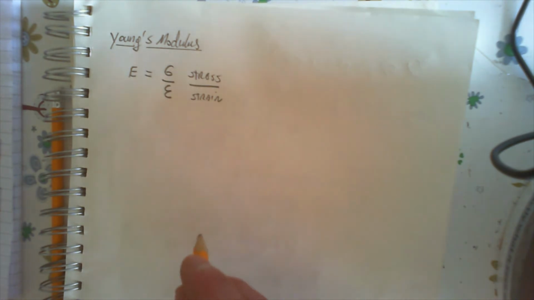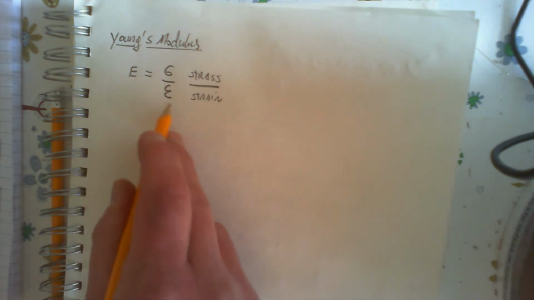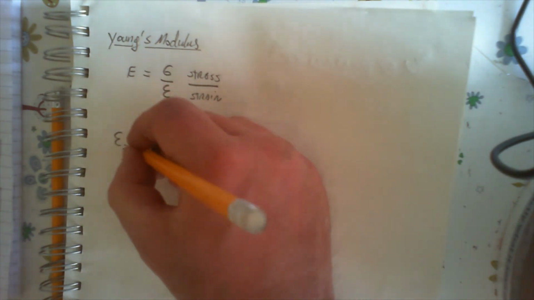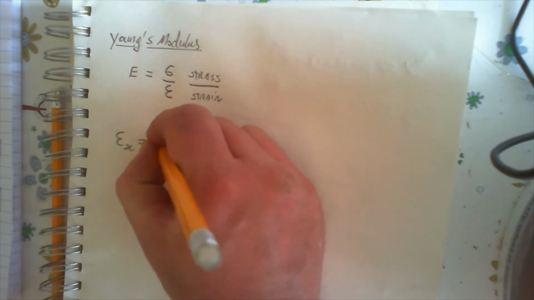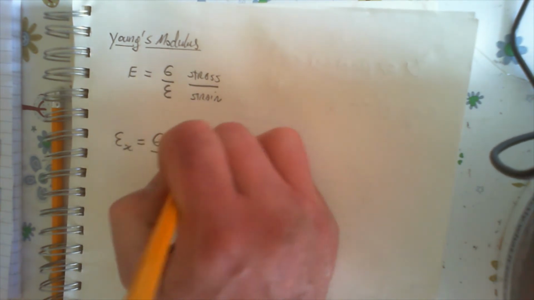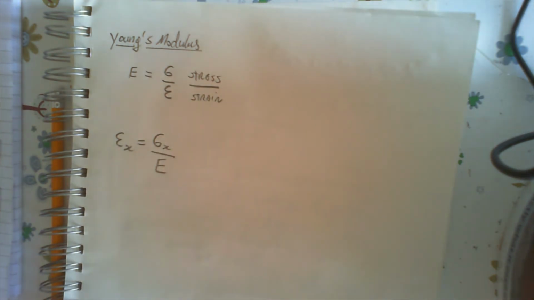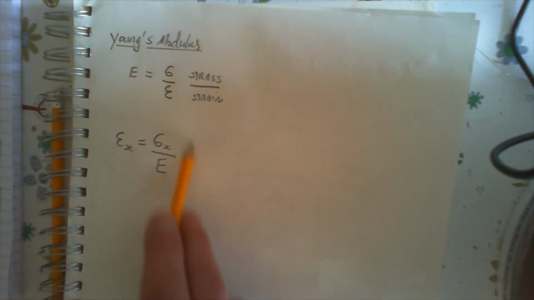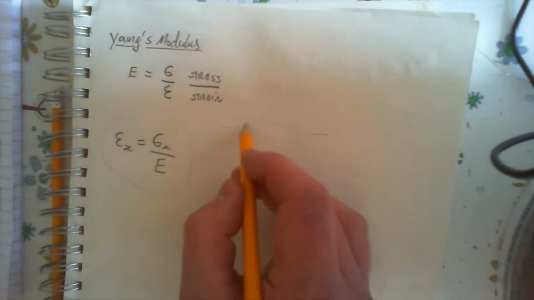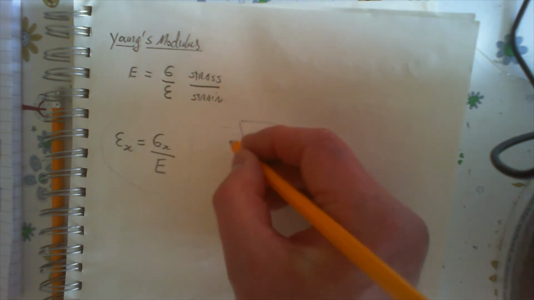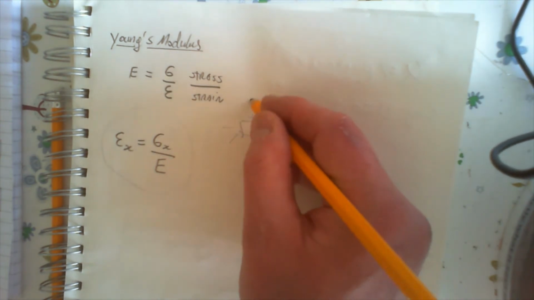So if we want to look at the strain, say in the x direction, we're going to have to think about the stress in the x divided by the Young's modulus of the material. Right, but this only works if you've got a longitudinal stress. Whereas if you also have lateral stresses, we have to take that into account.